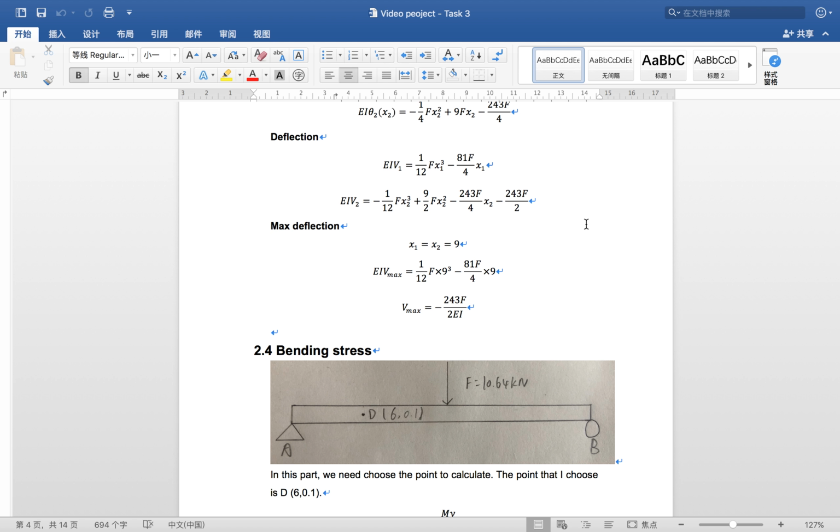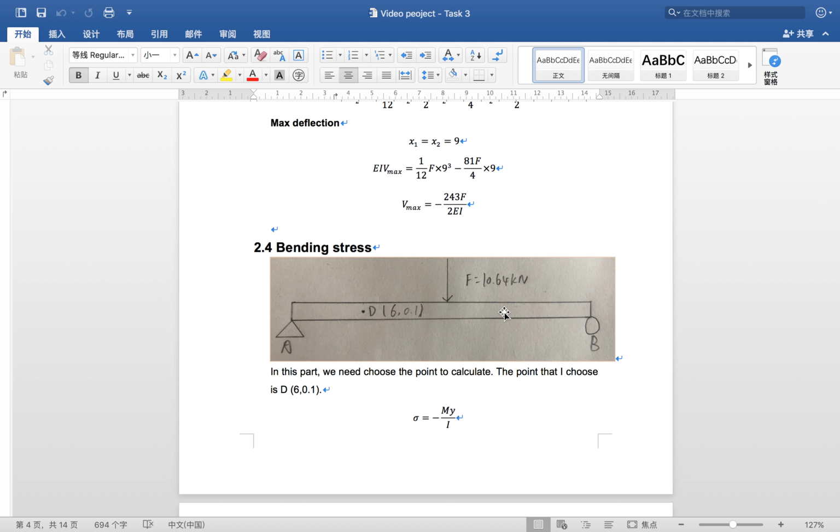Our maximum deflection happens at x equal to 9, and the Vmax is equal to minus 243 times F divided by 2 times E and I.